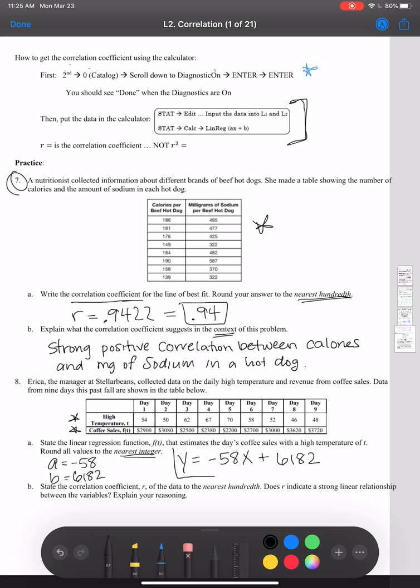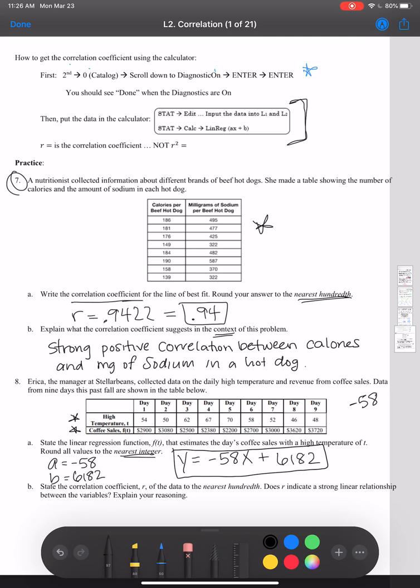Okay, so that's your linear regression equation. Now, what this means is that we have the slope is negative 58. So that means that her sales are going to drop as temperature increases. So if you think about it, that makes sense, because when it is warmer out, people don't necessarily want a hot coffee. All right, so it's negative.